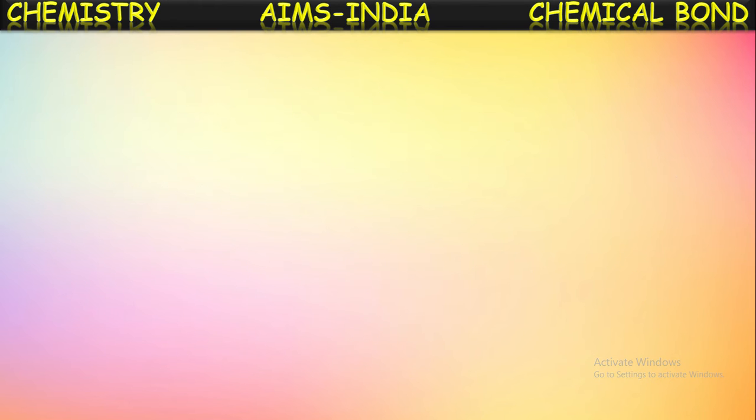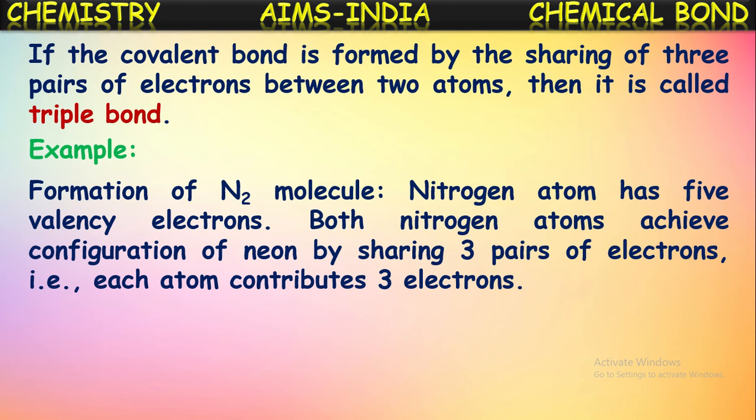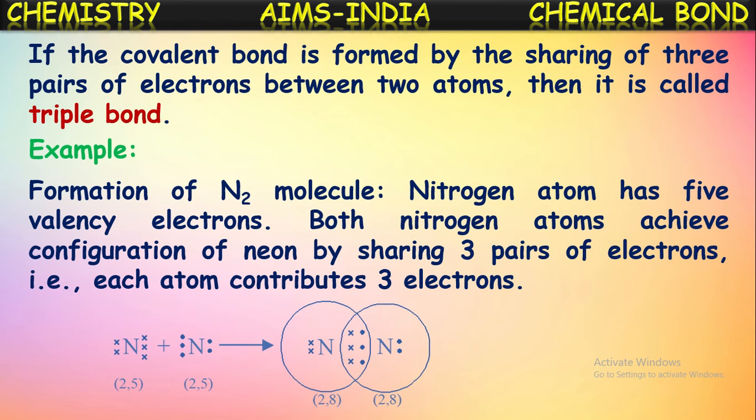Next, let us see the triple bond. If the covalent bond is formed by the sharing of three pairs of electrons between two atoms, then it is called a triple bond. For example, the formation of the nitrogen molecule. In the nitrogen molecule, each nitrogen atom has five valence electrons.